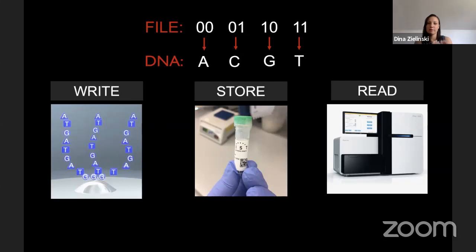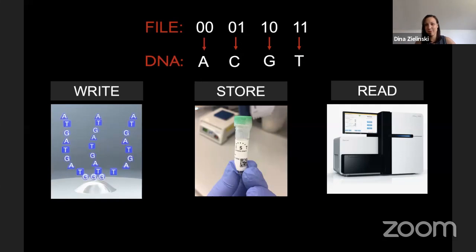If you want to read your digital data off of DNA, you have to sequence your DNA. So you take that tube, it typically comes as a dried up pellet, you add some water to it, and then you have to take some of that DNA out to sequence it. So really the process of reading your data destroys the data.